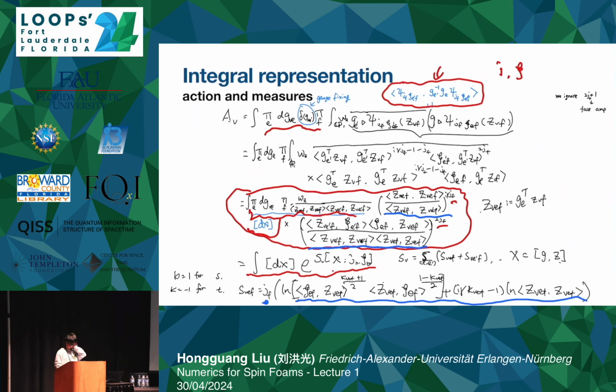One more thing I want to say. So this is the vortex amplitude. We fix our boundary, and the boundary is fixed by the Coset, which is the normal of the triangles of the tetrahedron, or boundary tetrahedron.